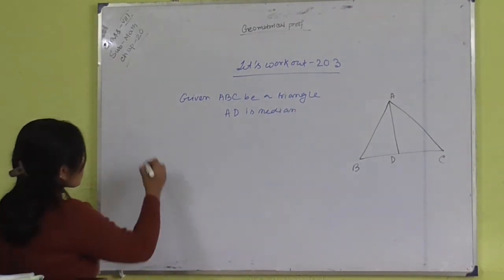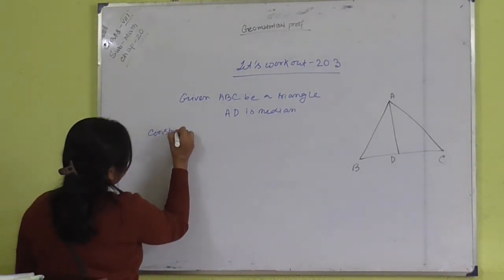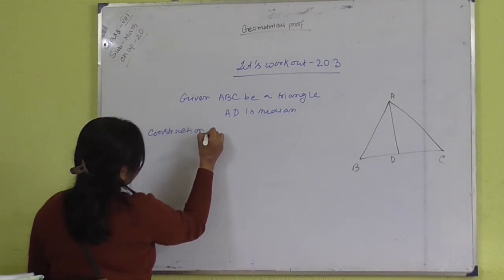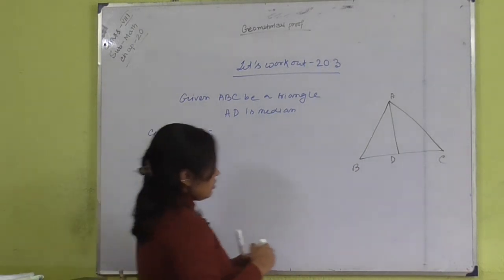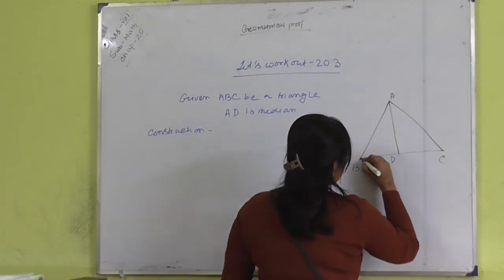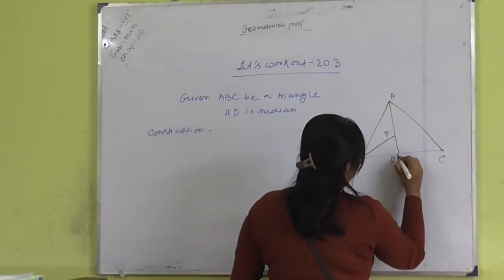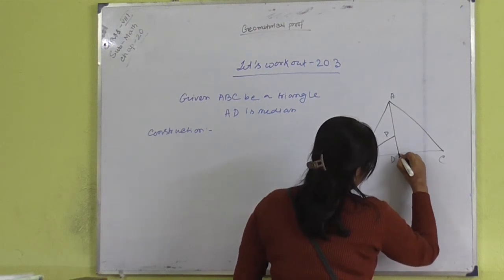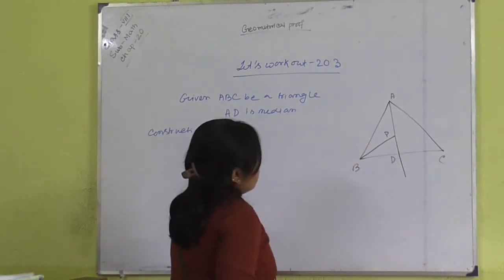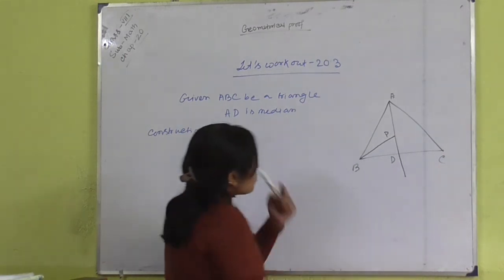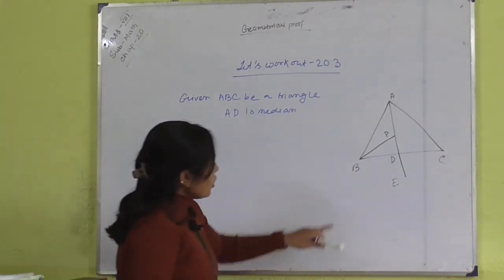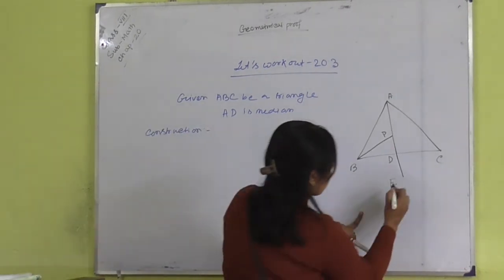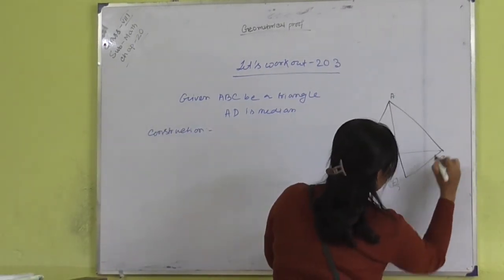And the construction part is, we draw the smallest distances from B and C. From B this is BP, and up to C we draw up to Q and we join CQ.